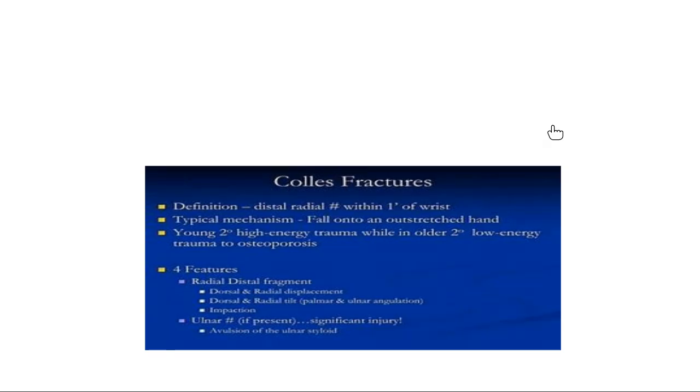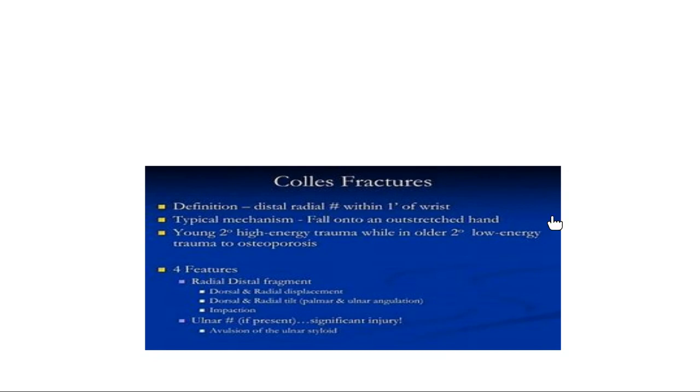Now, Colles fracture, by definition, as I said, occurs at the distal radius within an inch of the wrist. And the typical mechanism is fall on the outstretched hand with the wrist extended.